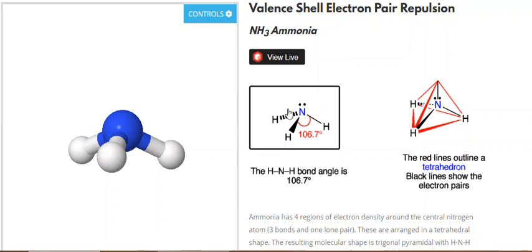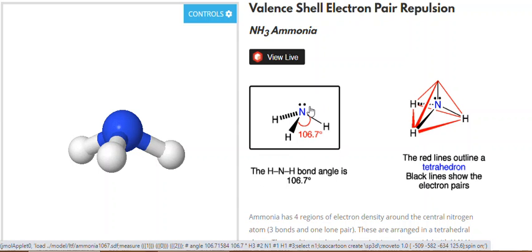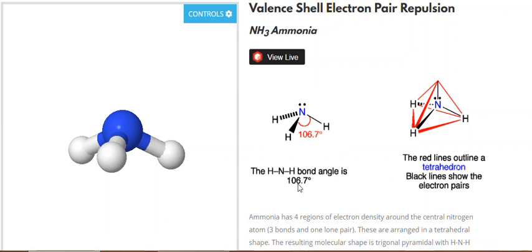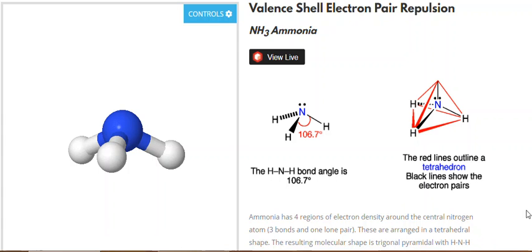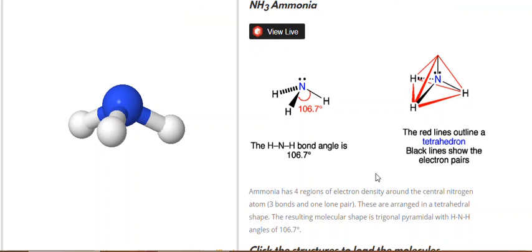So the angle is 106.7 degrees between hydrogen, nitrogen and hydrogen. These are arranged in a tetrahedral shape. The resultant molecular shape is trigonal pyramidal, with a hydrogen-nitrogen-hydrogen angle of 106.7 degrees.